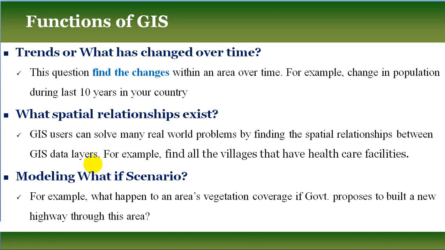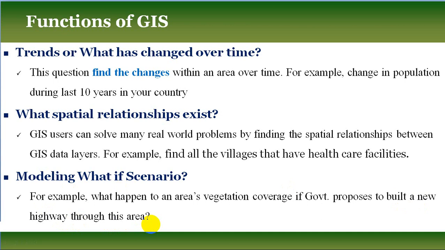So for example, here we just show what happens to an area's vegetation coverage if the government proposes to build a new highway through this area. You see, before developing a new highway, the government drafts a proposal.